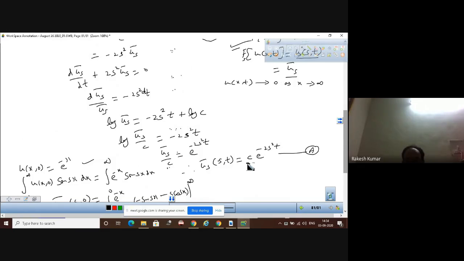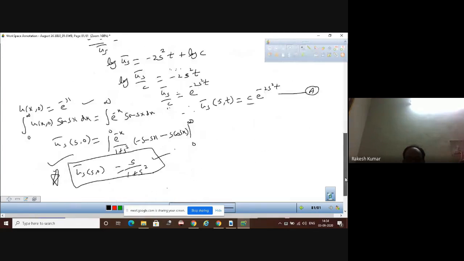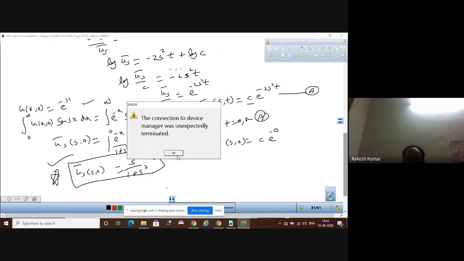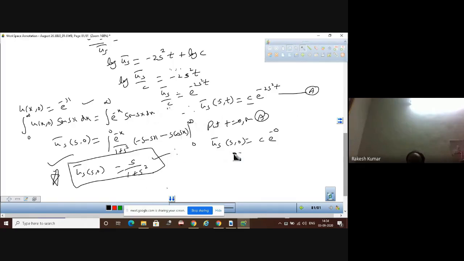So put t equal to 0 in equation A, we get u_s bar at 0 equals c e raised to power minus 0, and ultimately this comes out to s over 1 plus s square. So this is your value of constant c. This condition is helpful for finding the values of the constant of integration.